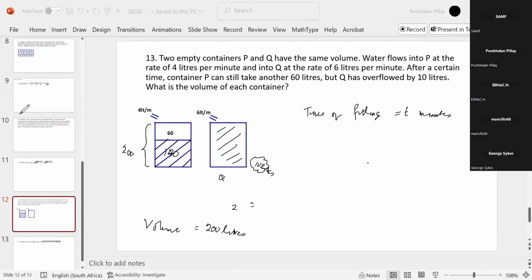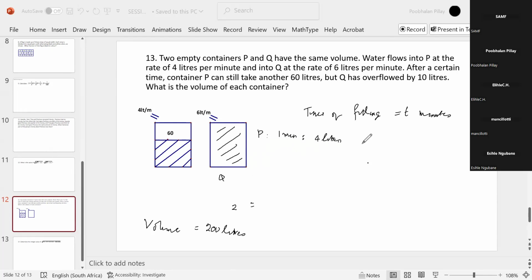then I'm going to take out all these things. We don't know these things now. Okay, so what happens here is that in 1 minute, if you take the container P, in 1 minute, 4 liters goes inside there.